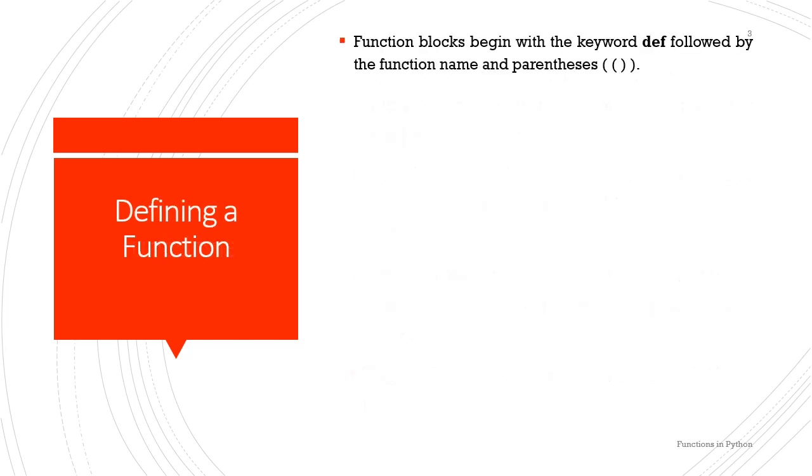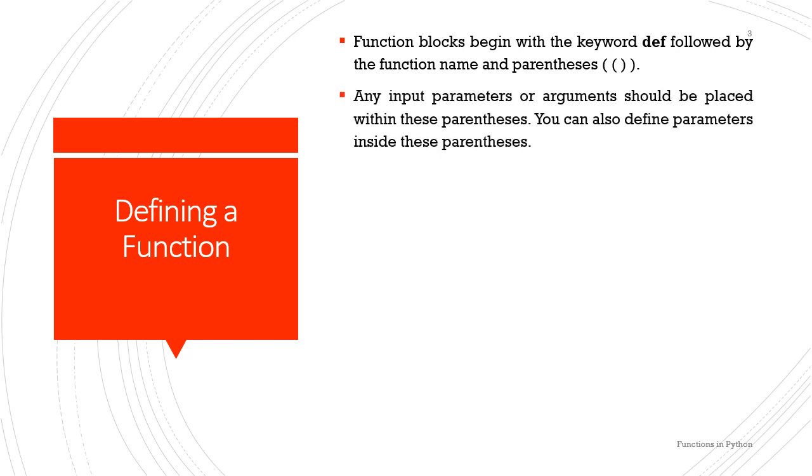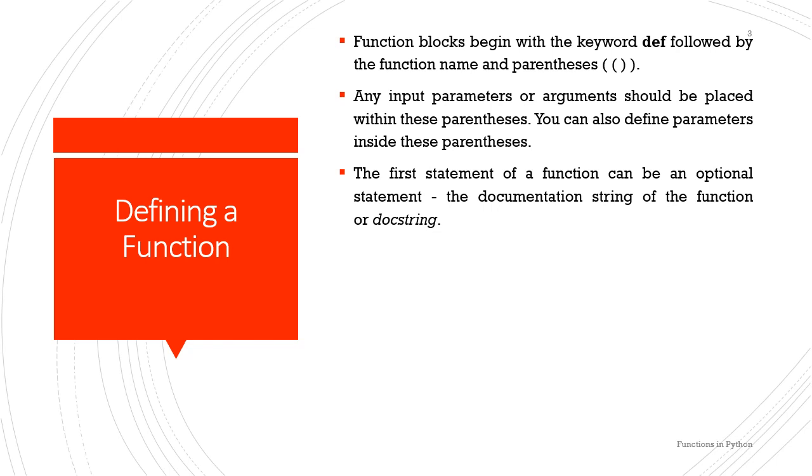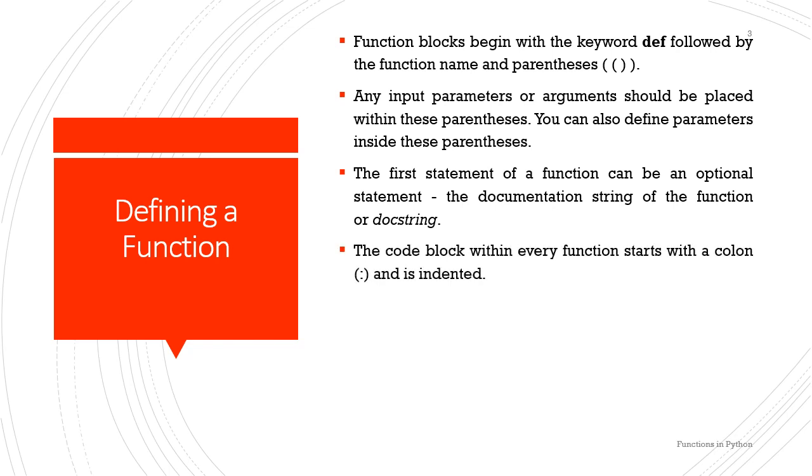The function block begins with the keyword def followed by the function name and parentheses. And what is contained in these parentheses? Any input parameters or arguments should be placed within these parentheses. You can define parameters inside these parentheses. The first statement of a function can be an optional statement, the documentation string of the function or docstring.